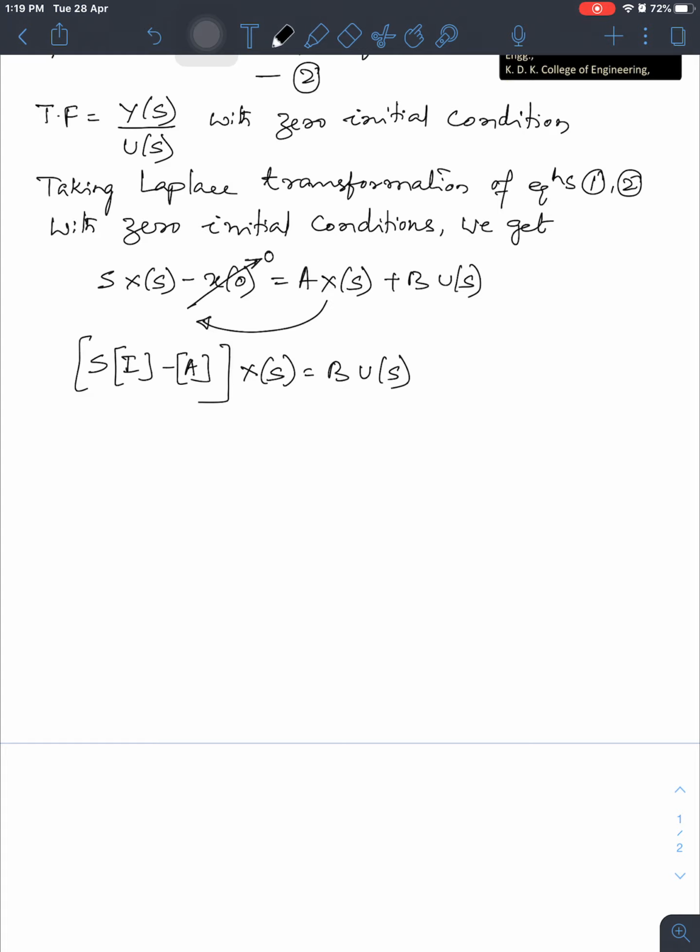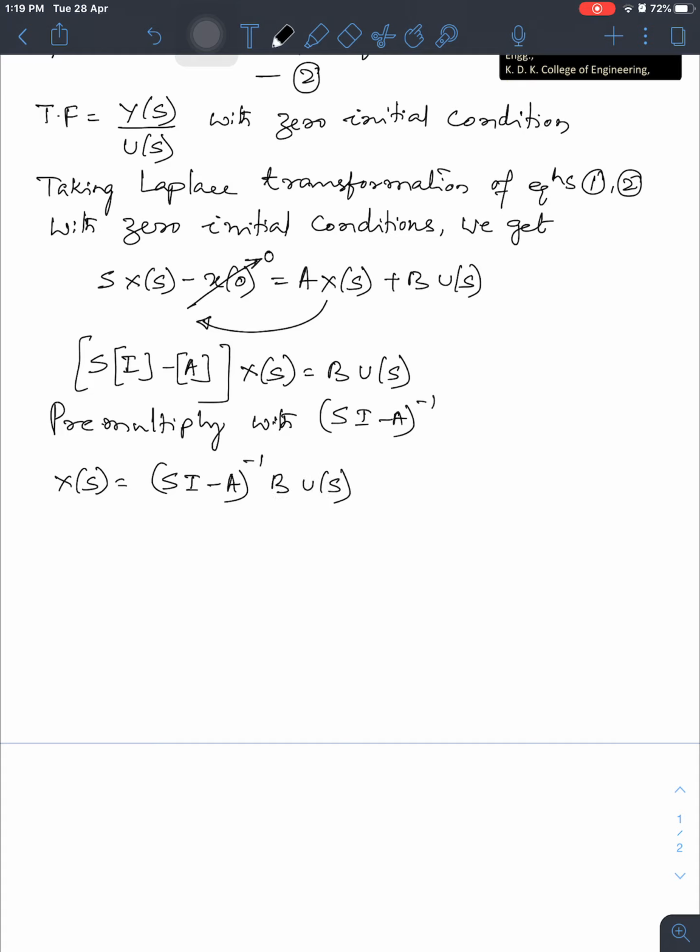So now from this, we will try to pre-multiply with (sI minus A) inverse, both sides. So what do we get? We get X of s on one side, and on the other side, pre-multiplication would mean first this term will come, (sI minus A) inverse into B into U of s. We will call this equation 3.